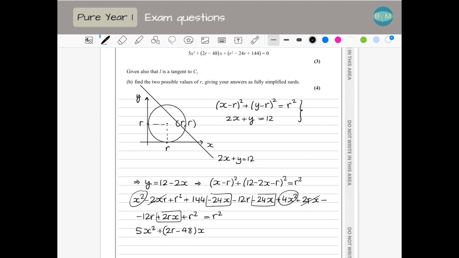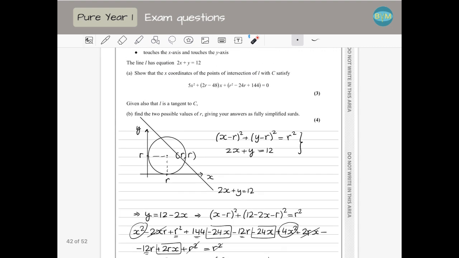For the other terms, I can cancel this r squared with the r squared on the other side, and I have r squared, 144, minus 12r and minus 12r. So I have r squared plus 144 minus 24r equals 0. So 5x squared plus (2r minus 48) multiplying x, plus all this bit together. So that's the first part.